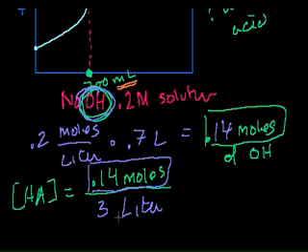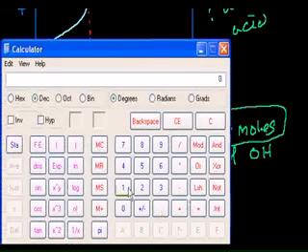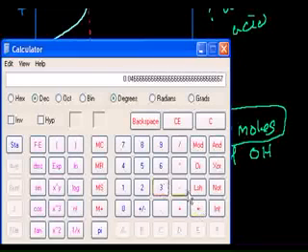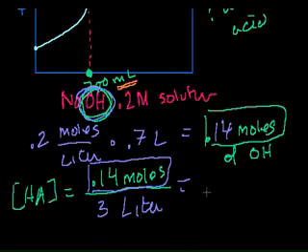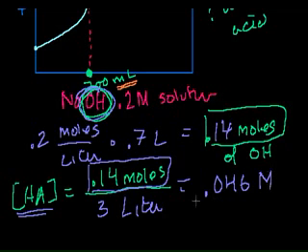So you divide that by the number of liters, and you have your original molarity. So 0.14 divided by 3 is 0.046. So the initial concentration of our mystery acid was 0.046 molar.